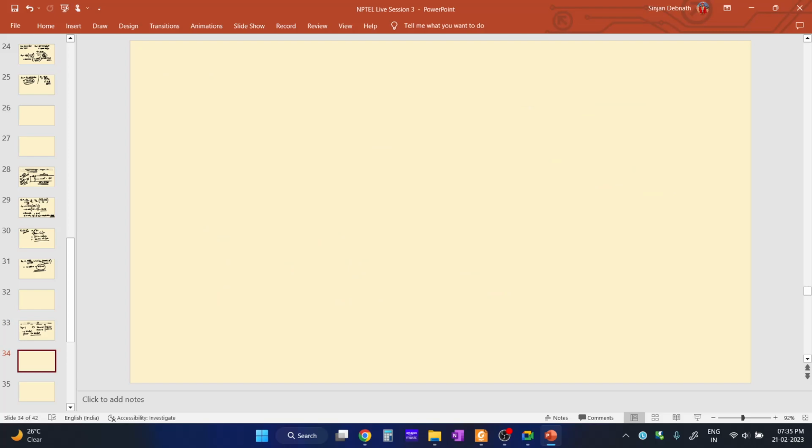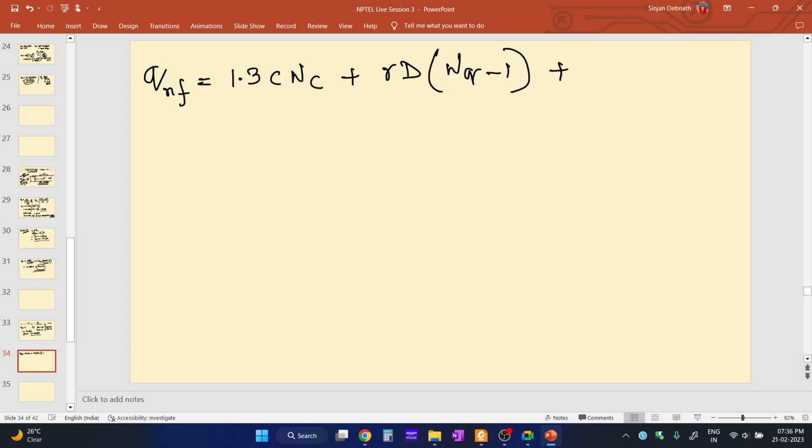So what is the net bearing capacity qnf of a circular footing in case of Terzaghi's theorem? It is 1.3 (the shape factor) c Nc plus gamma Df (Nq minus 1) plus 0.3 gamma B N gamma.